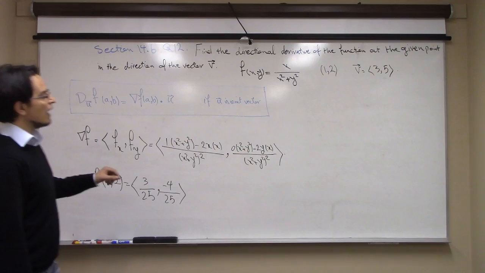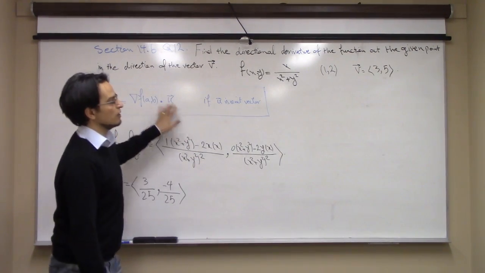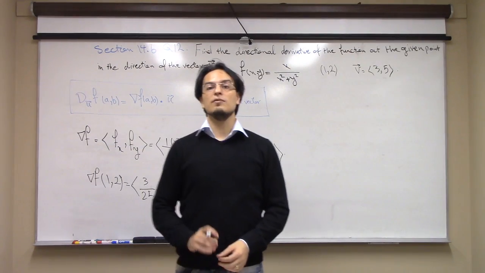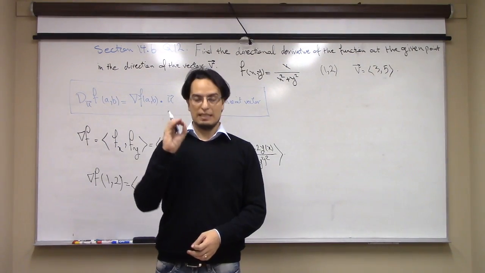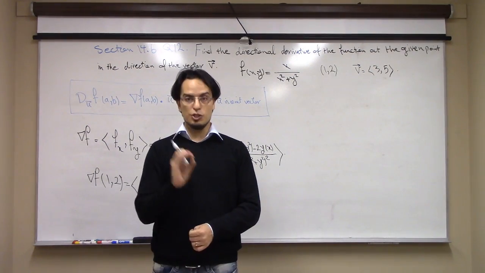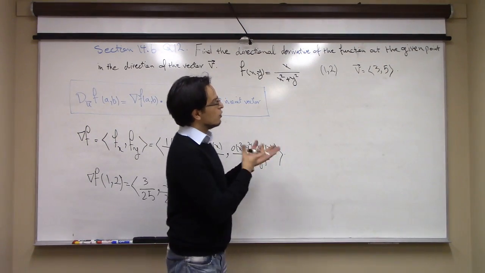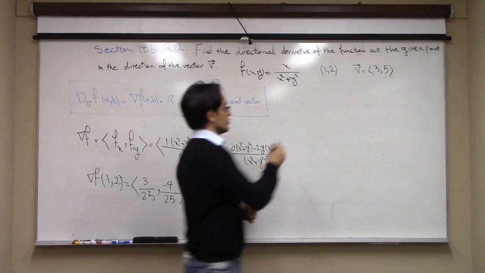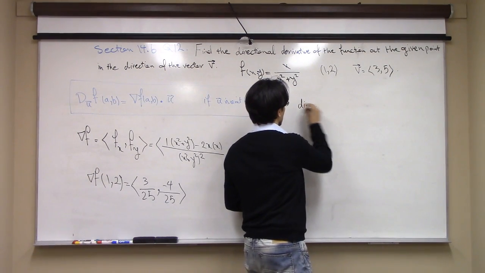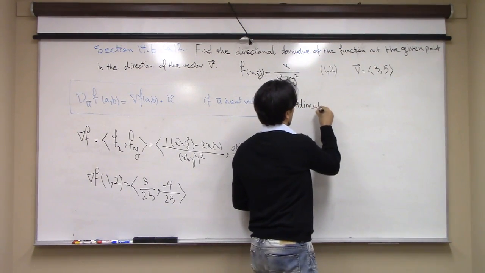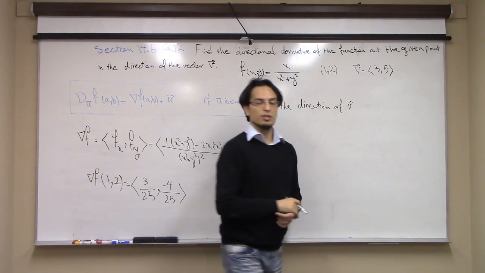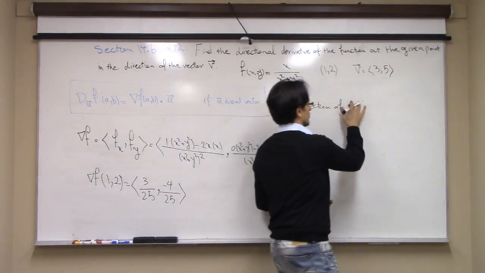Now the time is to find this part, u. Note that to find the directional derivative, we have to check that the vector we have is a unit vector. Or, as the question says, we have to find the direction of the vector v.